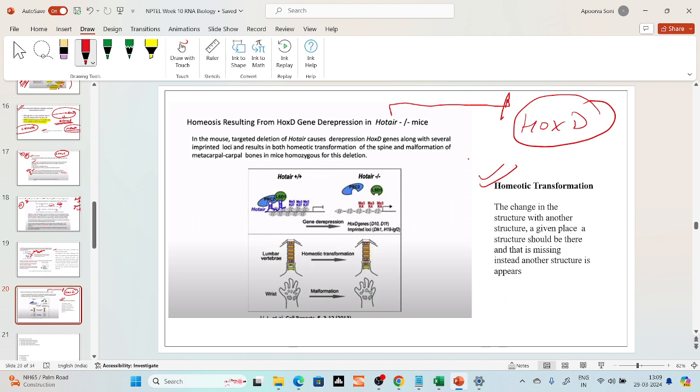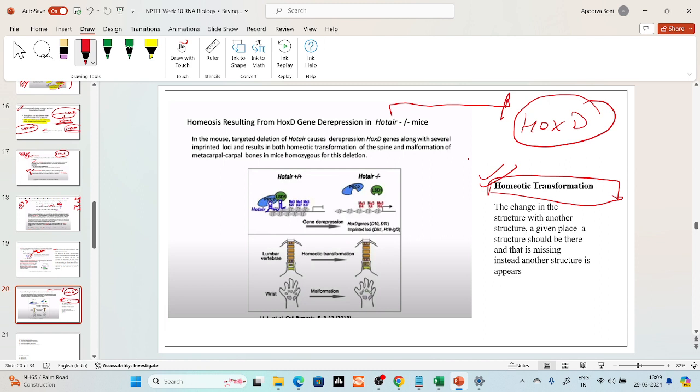That is why the repression of HOX-D with the help of this long non-coding RNA, HOTAIR, is so important. Because if it is de-repressed, then homeotic transformation occurs. What is homeotic transformation? The change of one structure into another structure. At a given place, a structure should be there and that is missing, and instead another structure appears.